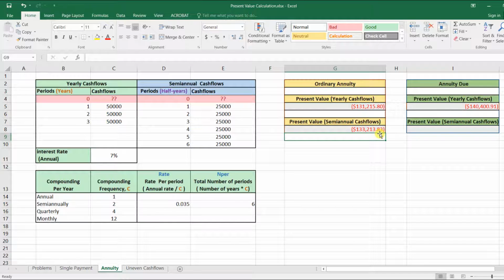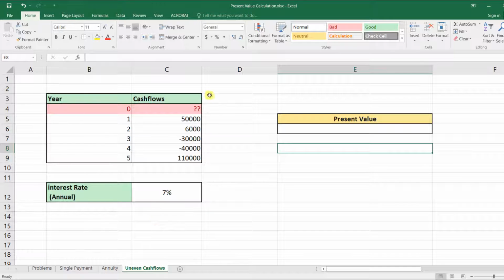Alright, now for the final one, let's see how to solve this problem where in the next 5 years we'll have uneven cash flows. For the first year we'll receive $50,000 and in the second year we'll receive $6,000. Then we have two cash outflows, and again a cash inflow, and the annual interest rate is 7%.